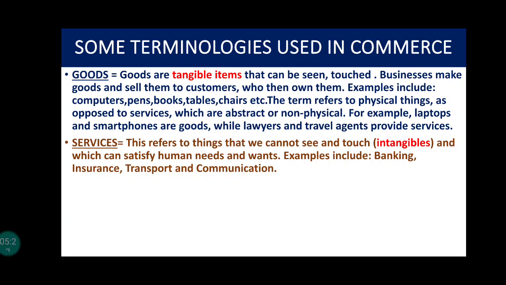They are intangible. So goods are tangible items, whereas services can't be seen and touched, so they are intangibles, and they can satisfy human needs and wants. Examples include banking, insurance, transport and communication. Of course, they satisfy human needs and wants, but we can't see and touch the services. They are intangibles.